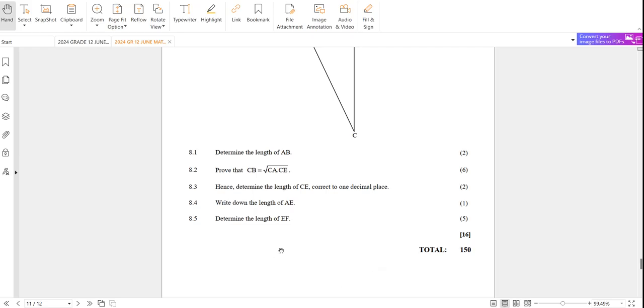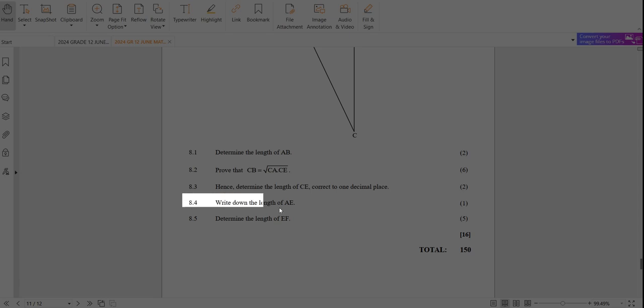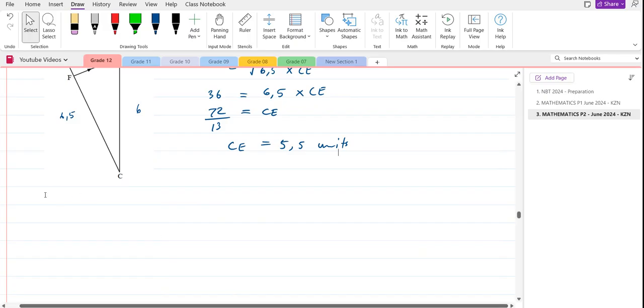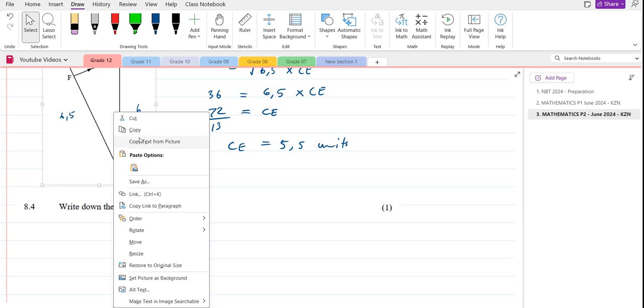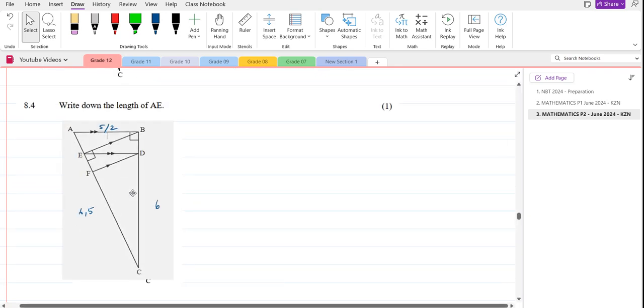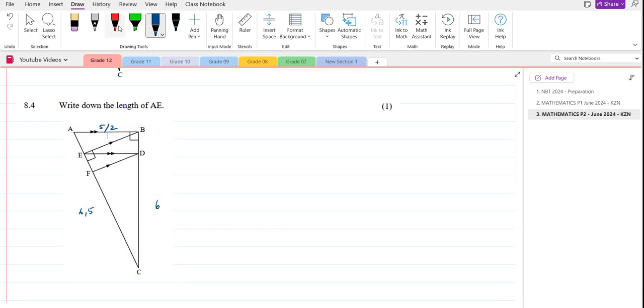Write down the length of AE now. So remember we got, copy this. Now remember we got CE, which is, let's use a different color, 5.5 here.